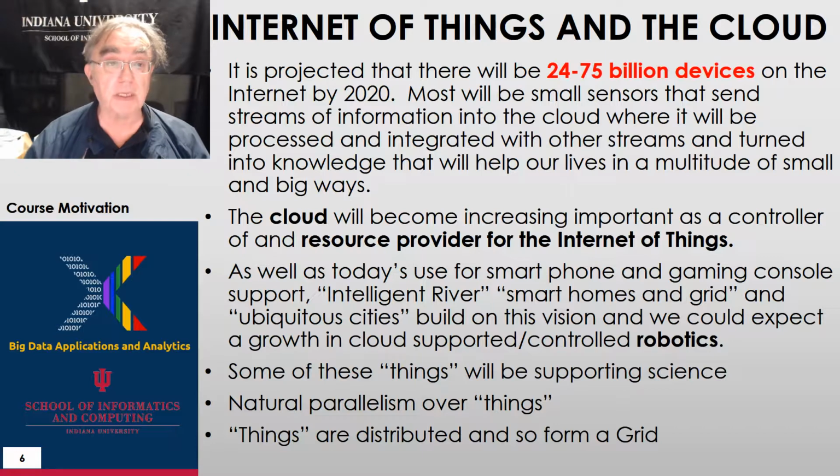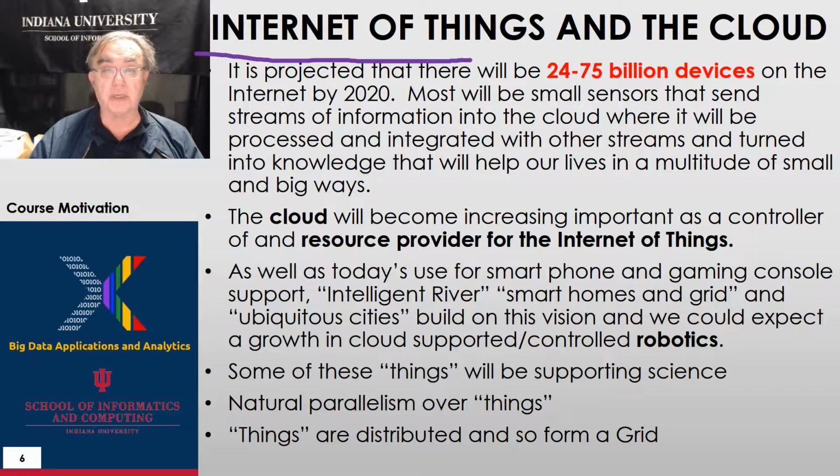Now we come in the last half of this lesson to the Internet of Things. There are various estimates, which probably depend on the way they define what a thing is, and they say from 24 to 75 billion devices will be on the Internet by 2020. Most of these will be small sensors.